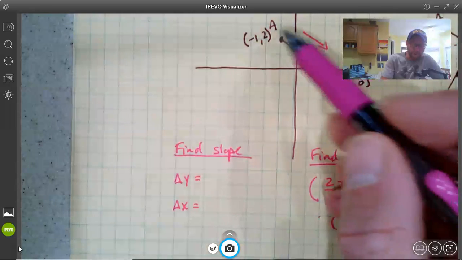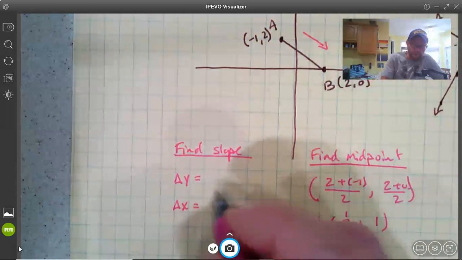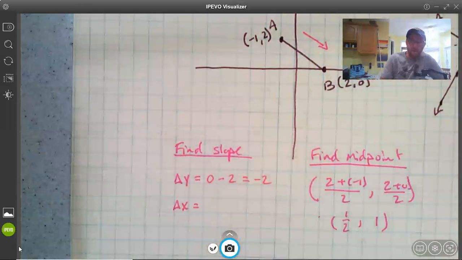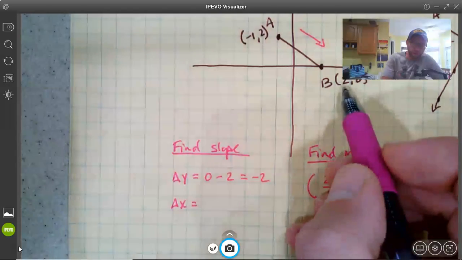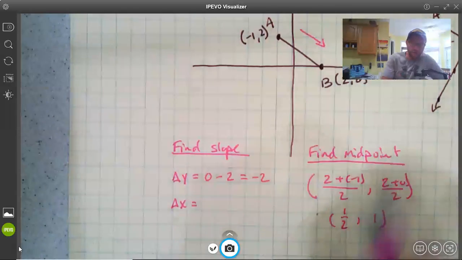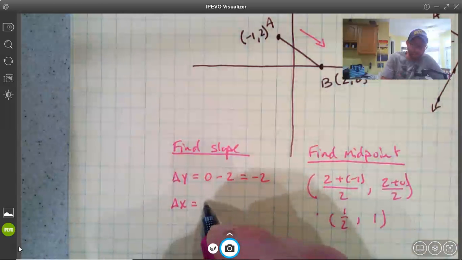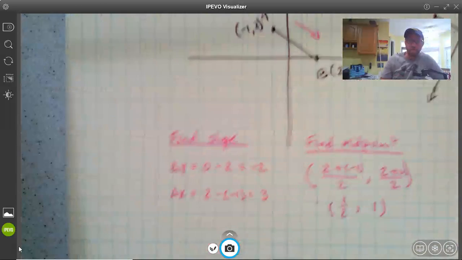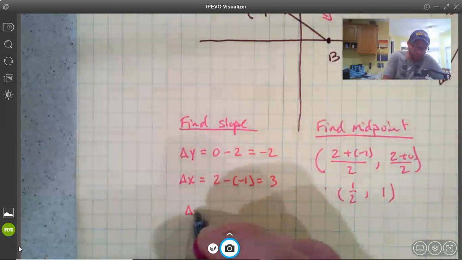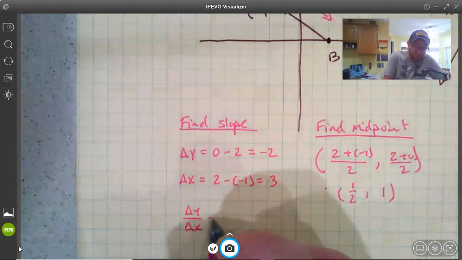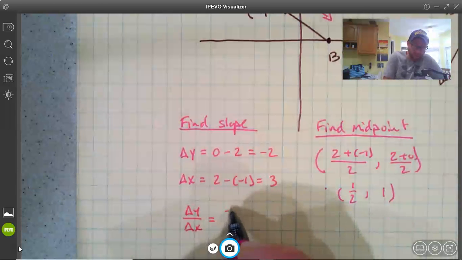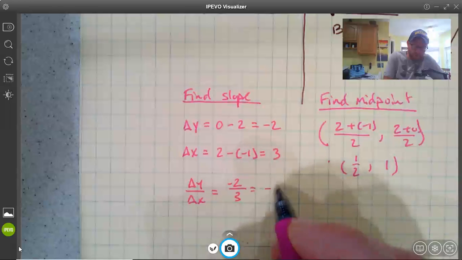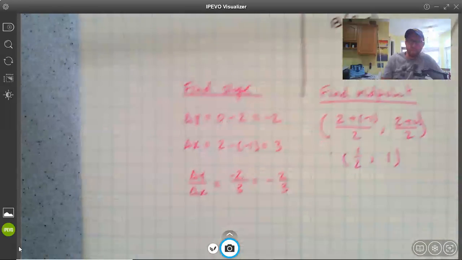Say our change in y went from 2 to 0, so end minus start, 0 minus 2 is negative 2, and for x, we went from negative 1 to 2, so end minus start, 2 minus negative 1 is 3, and slope was change in y over change in x, or negative 2/3, which we'd usually write with the negative sign out front.